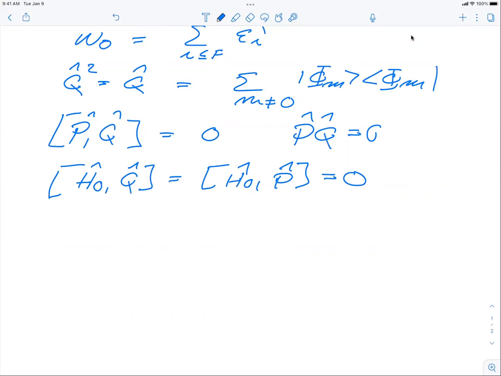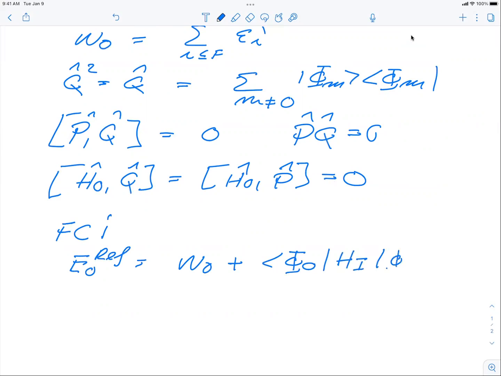And this is something which we use then to redefine the energy of the system. So when we did an FCI calculation, we defined the reference energy as the expectation value, this W0, plus what we normally call the expectation value phi 0 of HI, which is the interaction piece. And this is something which we would write out as a sum over I, and then we have an I, H0 of I. And we are assuming that this basis I is an eigenbasis of H0.